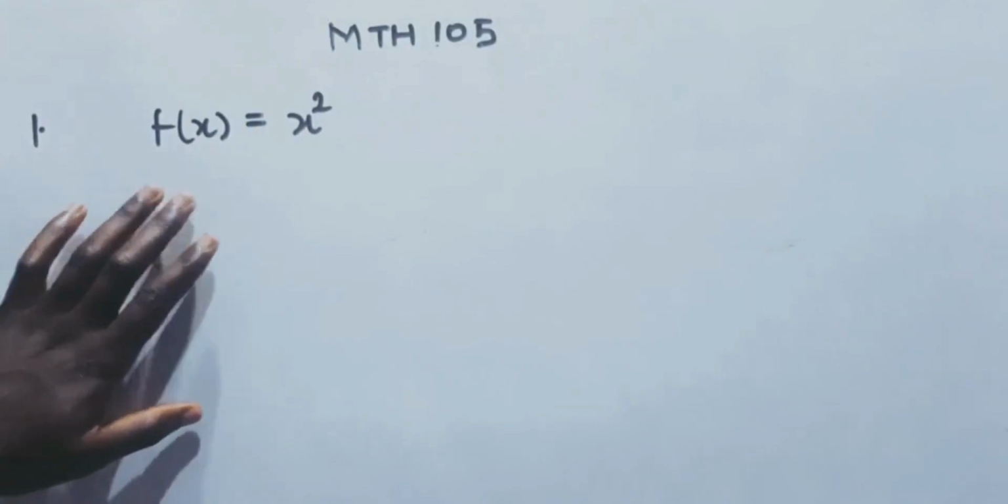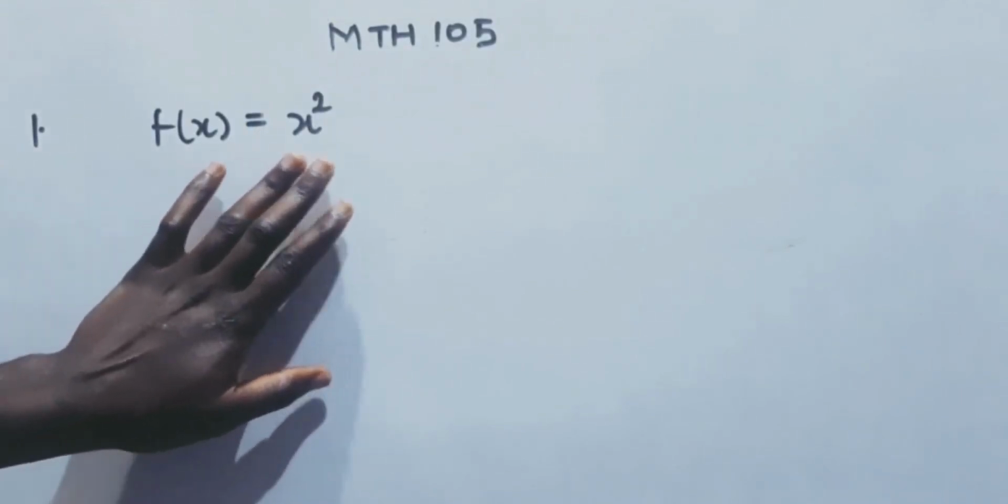Now we have number one to be a function of x equals x squared, right? Now how do I look for my derivative? That is, how do I look for my f prime of x? How do I look for my dy dx? As has been said earlier, dy dx equals f prime of x.